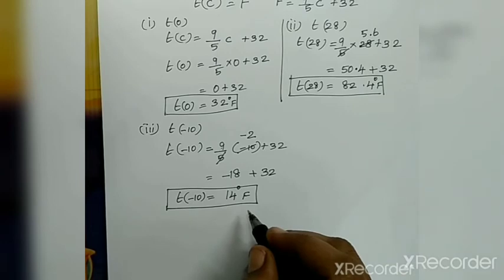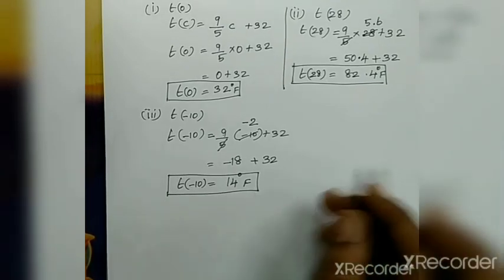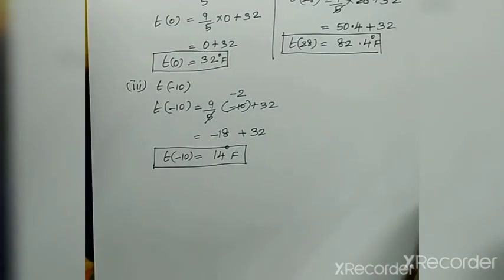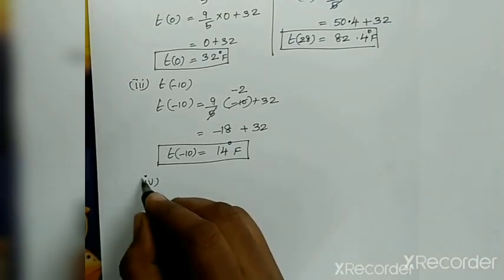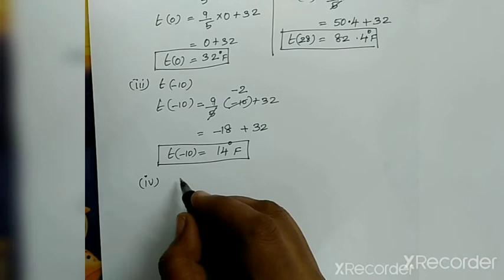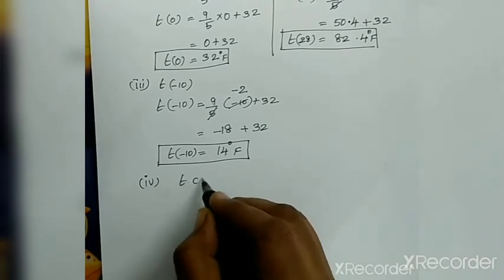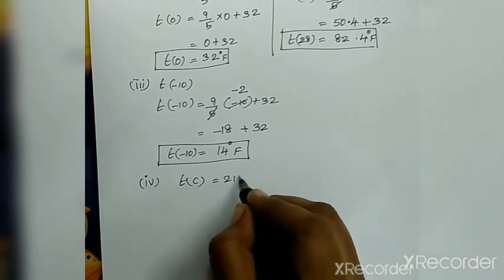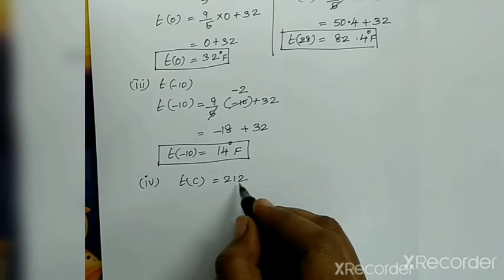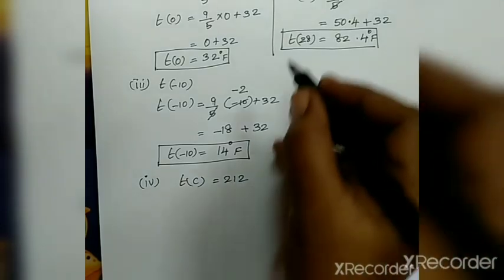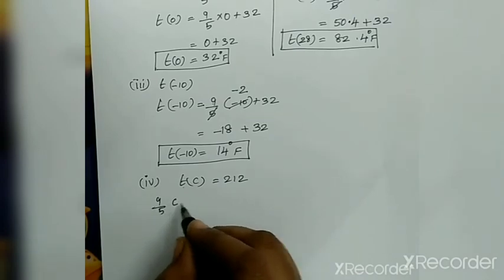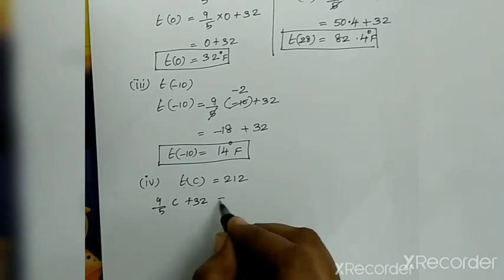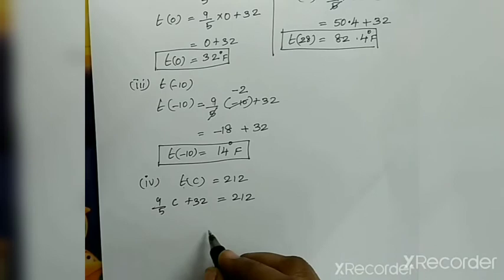Next, the fourth sum is to find the value of C when T of C is 212. This is given in the question. So T of C is 9 by 5 into C plus 32, which is equal to 212.